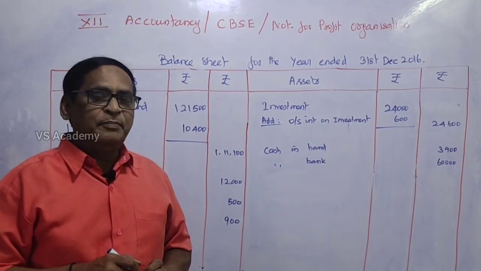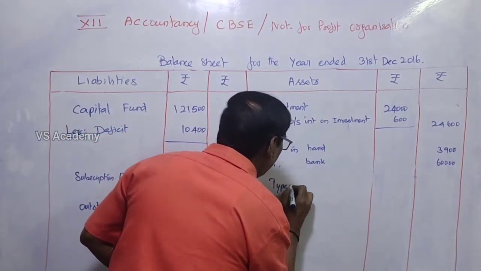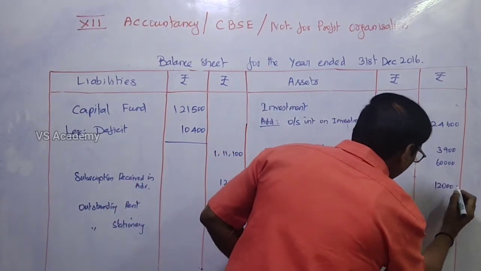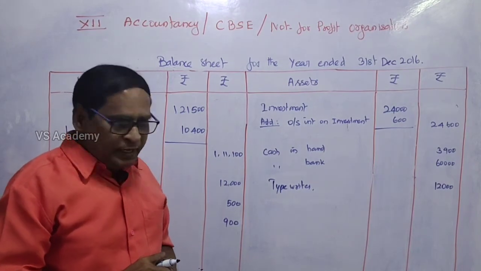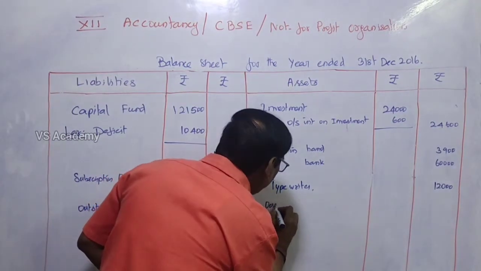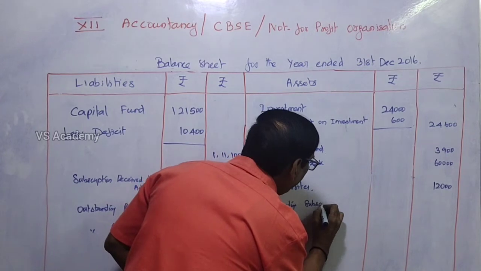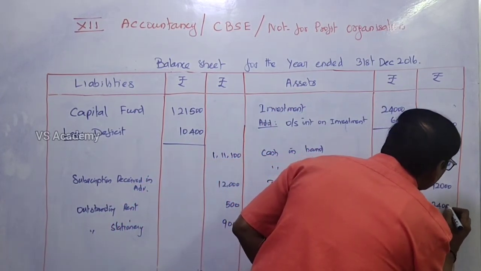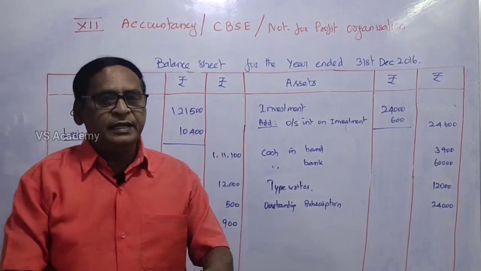An asset, typewriter for 12,000 rupees. And then subscription outstanding for the current year, 24,000. So outstanding subscription 24,000. That's all. If we total both sides, it should be correct, tallied.